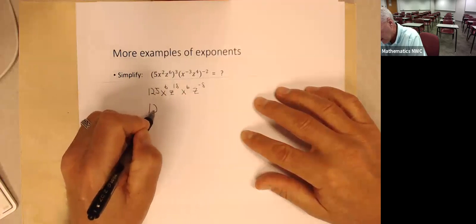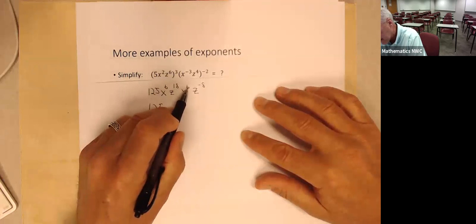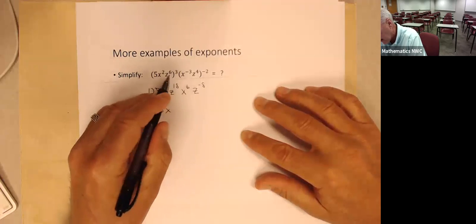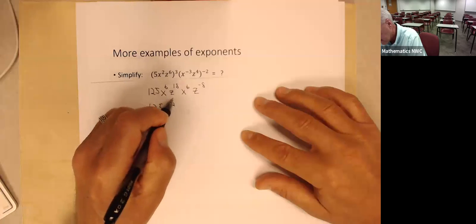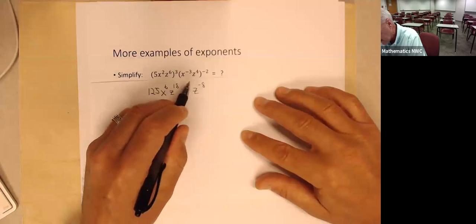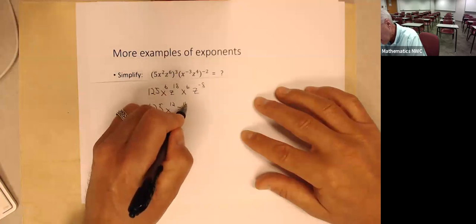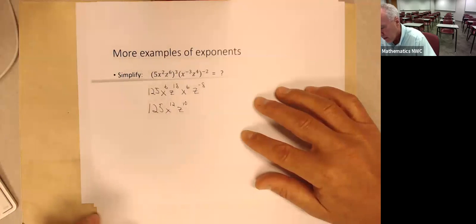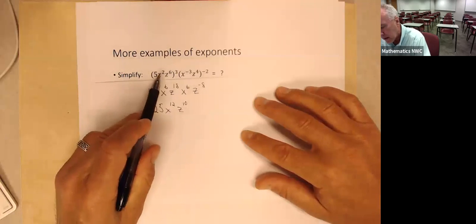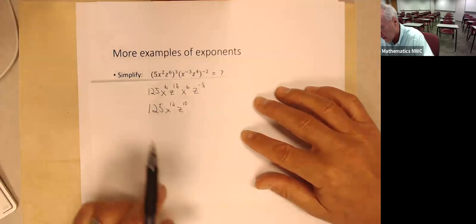The number out front is a coefficient. x to the 6 times x to the 6, I'm multiplying, so I add 6 plus 6. z to the 18 times z to the negative 8, I'm multiplying, so I add those exponents. 18 plus a negative 8 is 10. Again, super important that you get this, and see why I used the 5 differently than the other exponents.